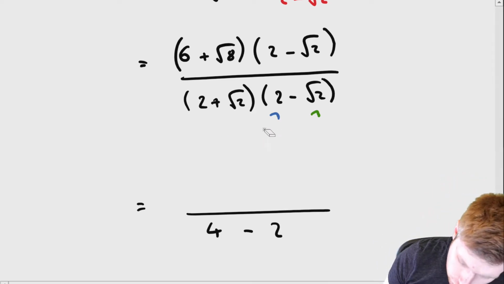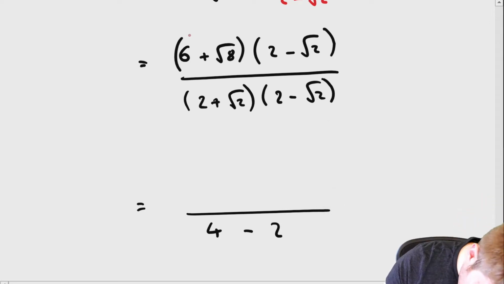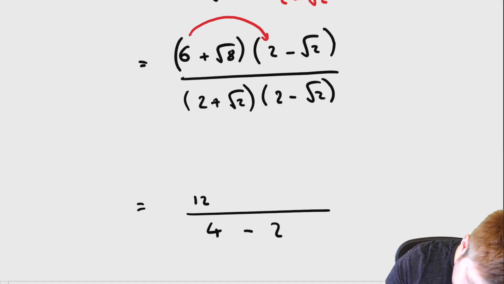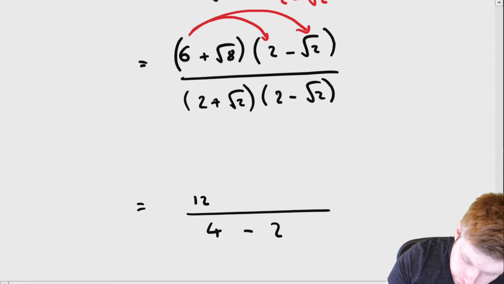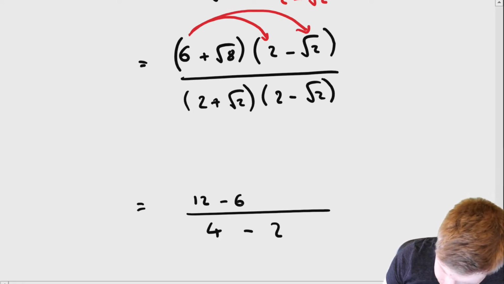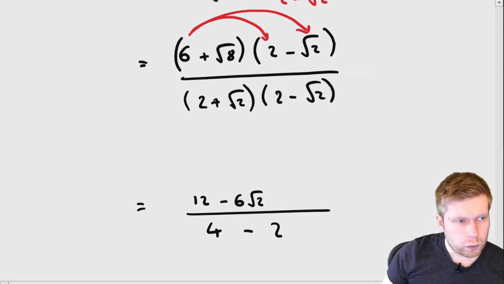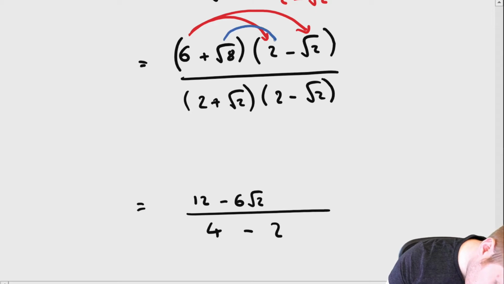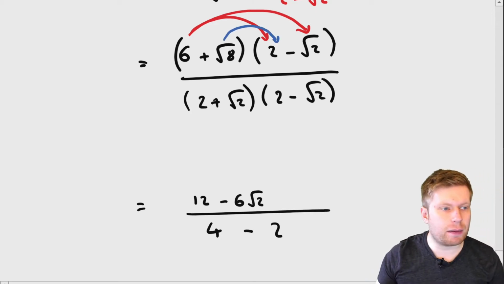Okay, now let's multiply the numerators together. We have 6 times by 2, which is 12. And then we have the 6 multiplied by the negative root 2, which is negative 6 root 2. Now let's multiply the root 8 stuff together. Remember, everything with root 8 has to multiply by everything in the second bracket.